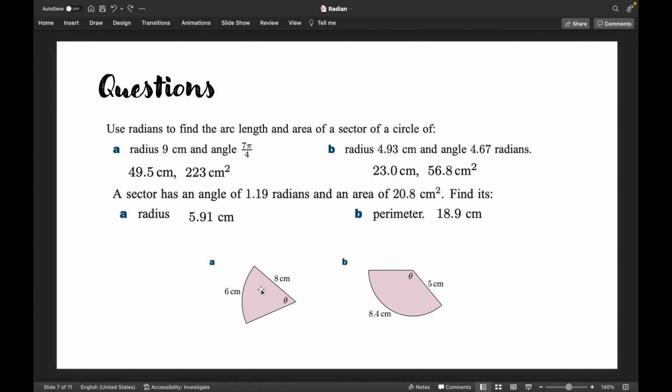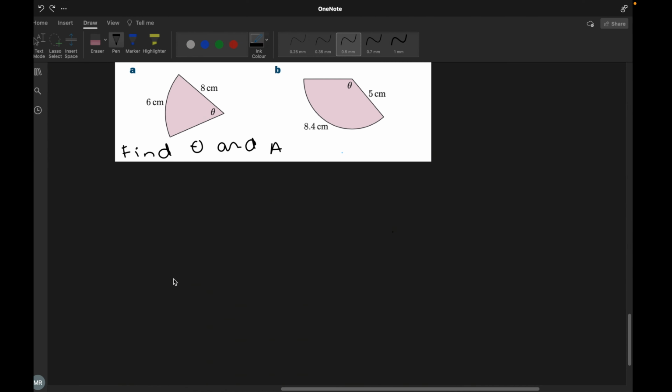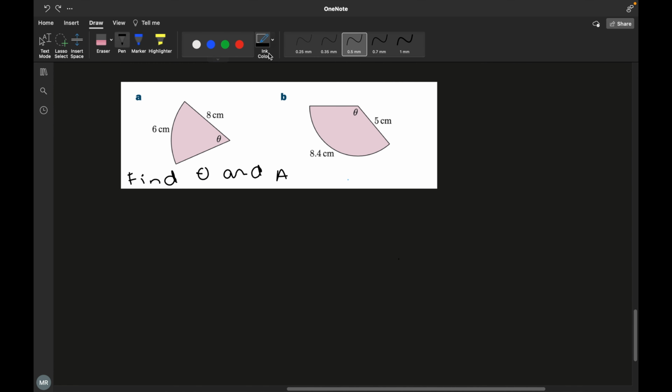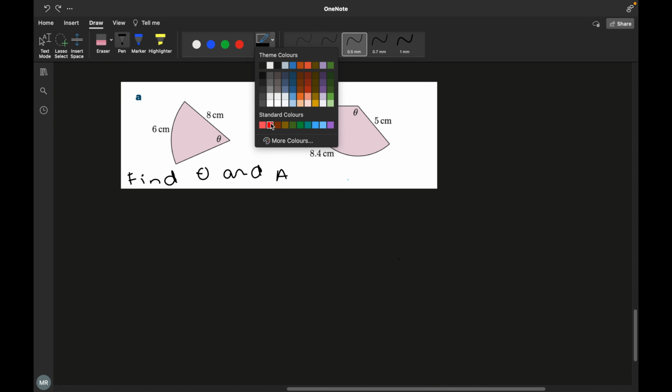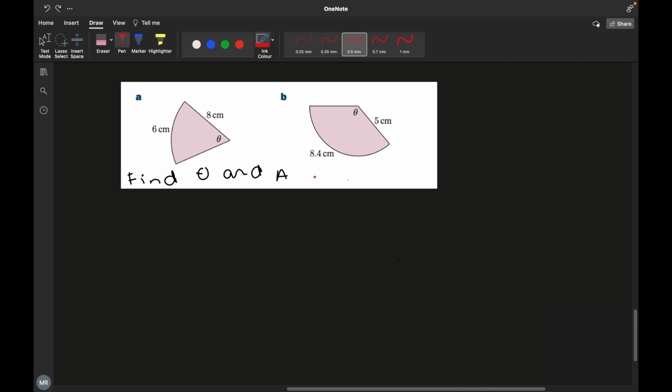Let's solve the final question. We have to find theta and A, which is area. We know the arc length, and we know the radius. We put in the values here. So 6 equals theta into 8. So theta would be 6 by 8, which is 3 by 4 radians.